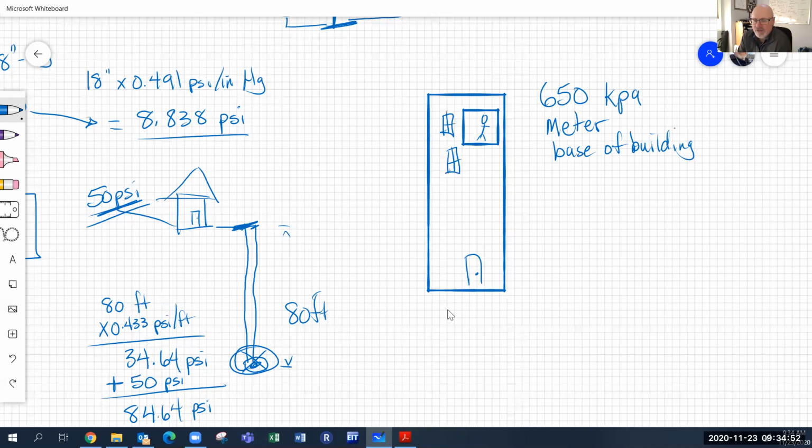So I have 650 kPa coming into this building, and I need 250 kPa on the top floor. How tall is this building? What is my height here?